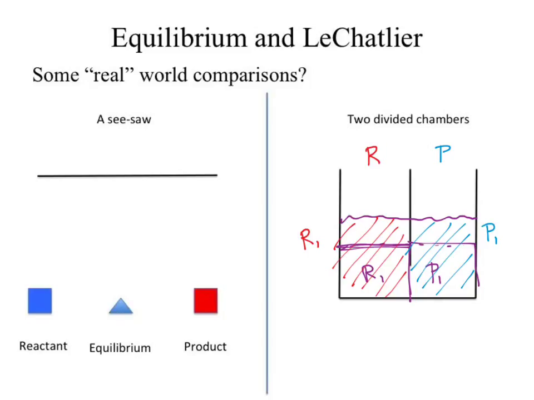So if I compare in my first situation the ratio of products to reactants, I said they were the same, which gives me a numerical value of 1. In my second situation, if I do that same comparison, my products to my reactants, we said they were the same, which is 1. 1 equals 1.